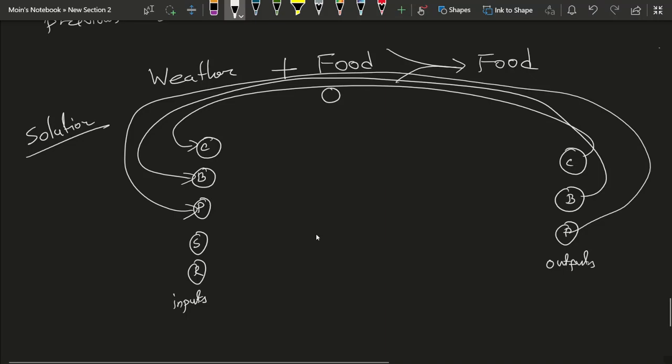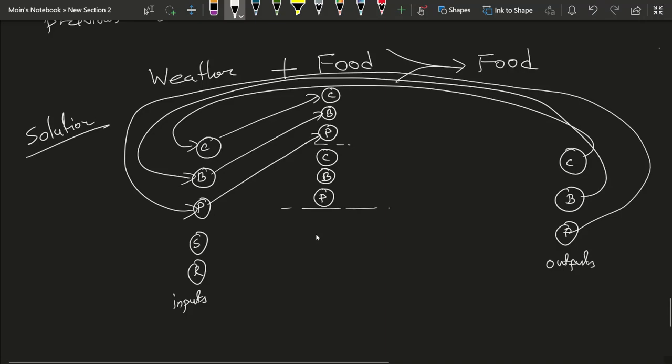So let's discuss. This could be the same food, and this could be the food on the next cycle. So same food, and different food, that means the cycle. So if I had a chicken on the previous day, I'll have a burger on the next day.